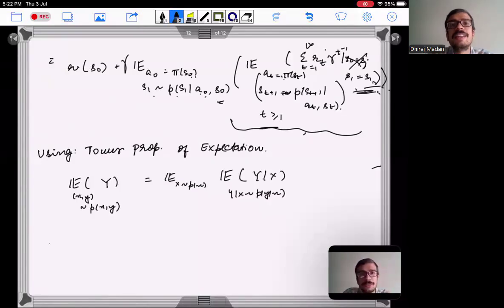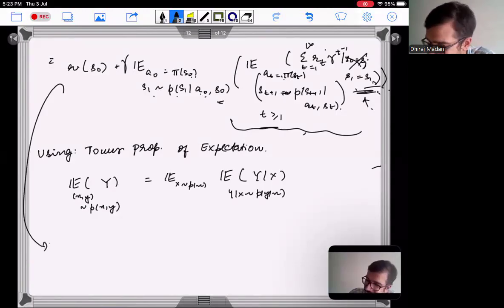Why is this? Because the transition distributions only depend on the current state, not the past state. So the past states I can always remove. And if I condition on the current state, the expectation just becomes the value function for this policy starting from the state S1.